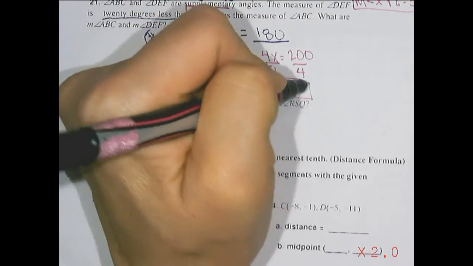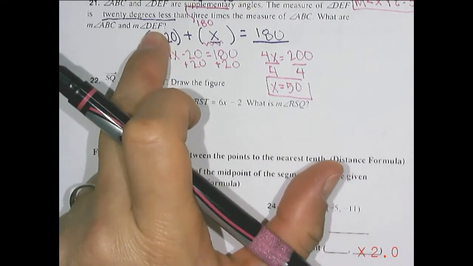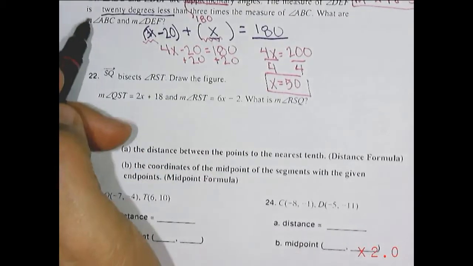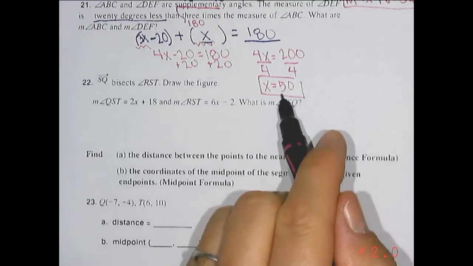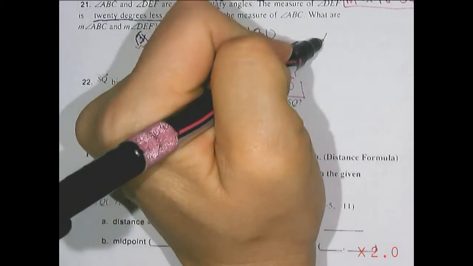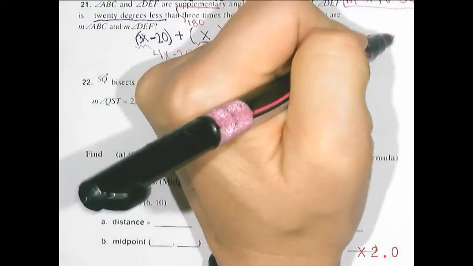So that's my x. But it says, what is the measure of angle ABC and DEF? So ABC, that was our original angle, right? X. Well, we just found out that x is equal to 50. So we're going to say angle ABC equals 50 degrees.